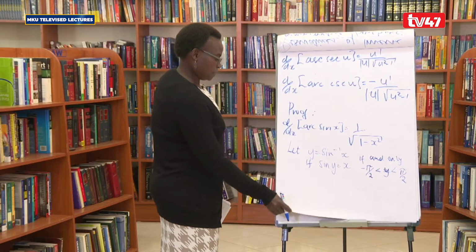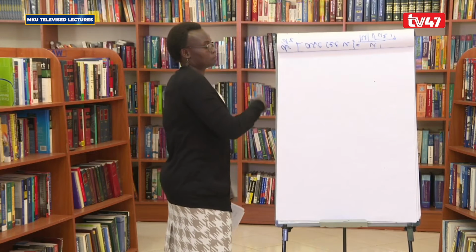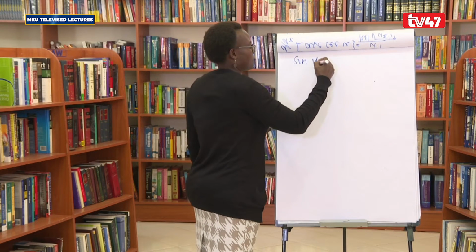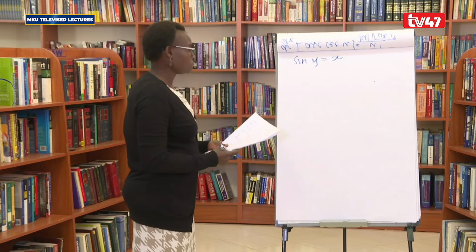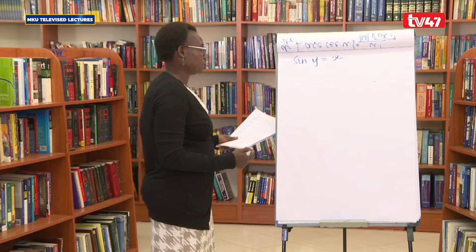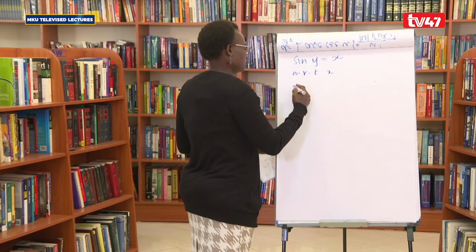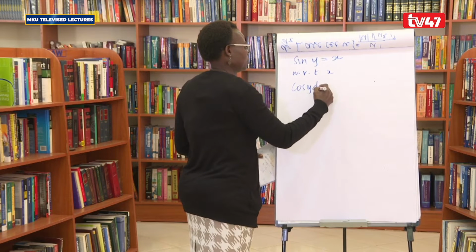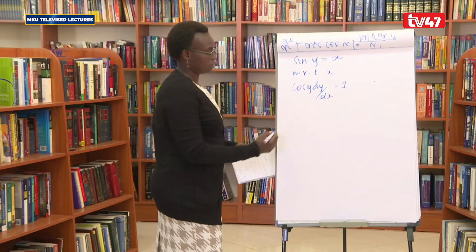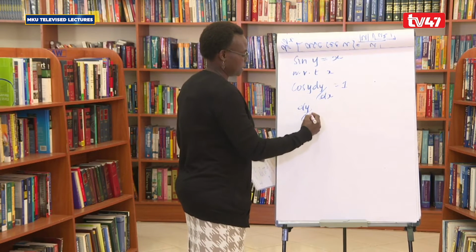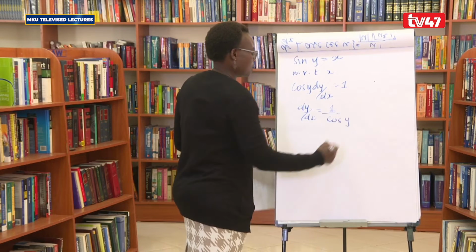So if that is the case, we can differentiate both sides with respect to x. So with respect to x, this will give us cos y times dy over dx, and the right side would give us 1. So that implies that dy over dx is 1 over cos y.